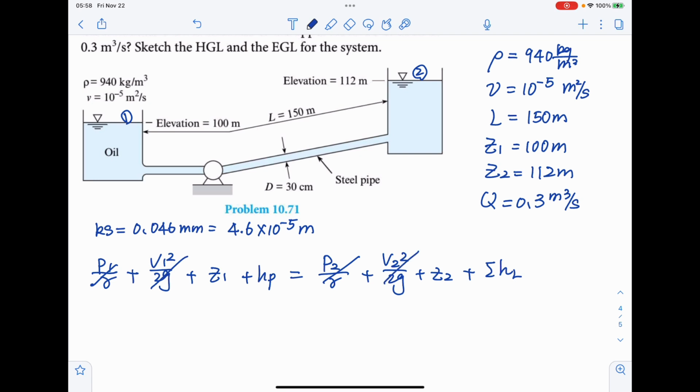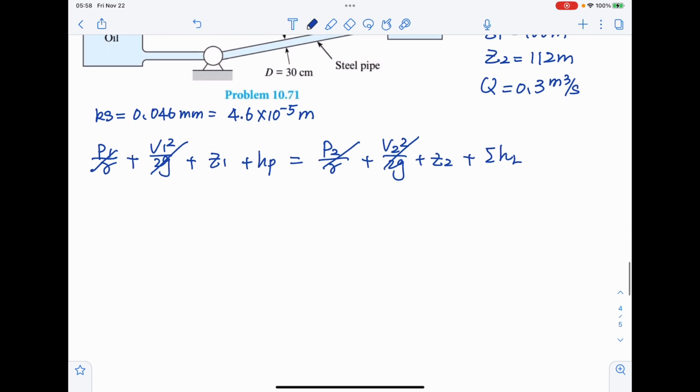This only leaves us the elevation term, the pump head term, and the head losses.